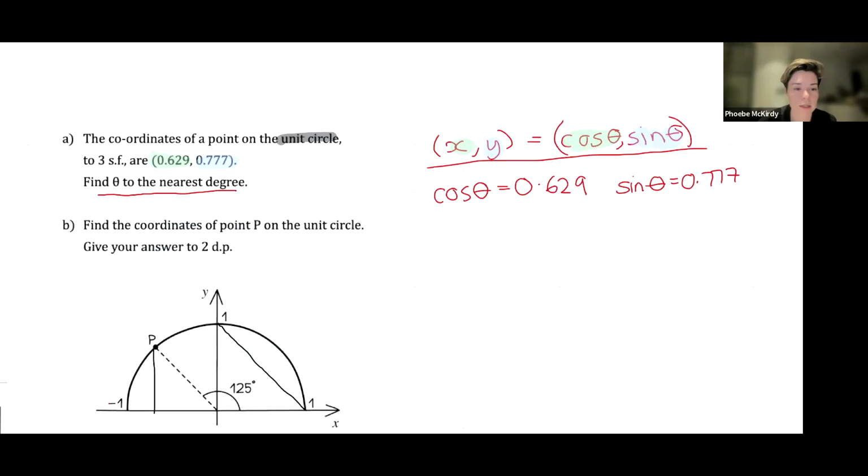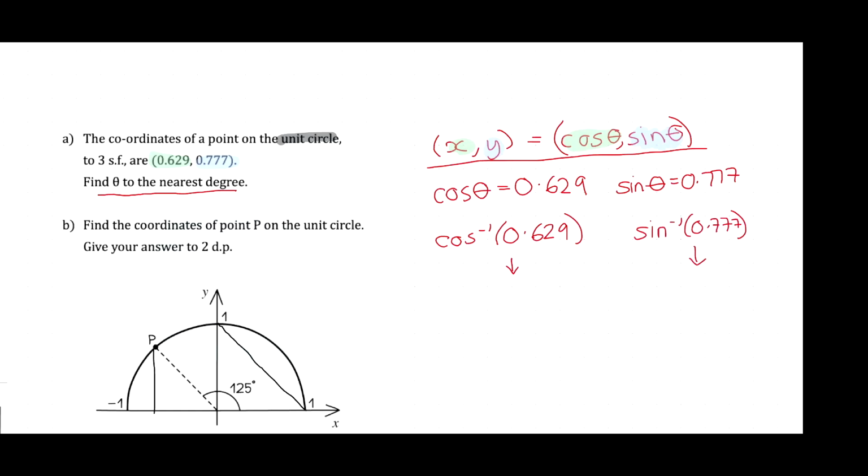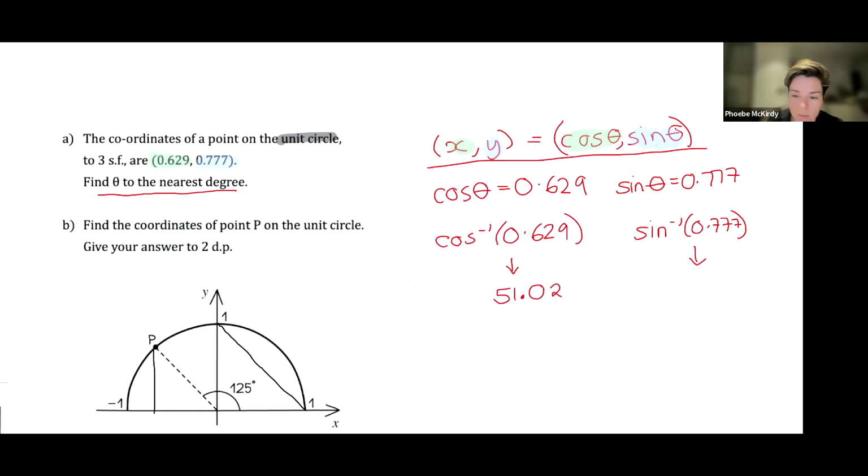On your calculator, you can simply do cos to the minus 1 of 0.629, or you could do sin to the minus 1 of 0.777. You should get an answer here of 50.9867 degrees.